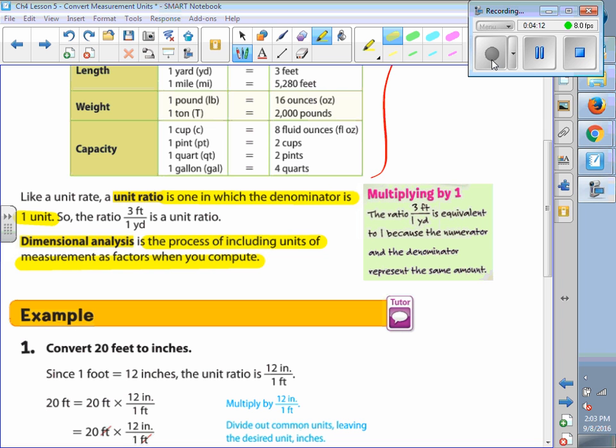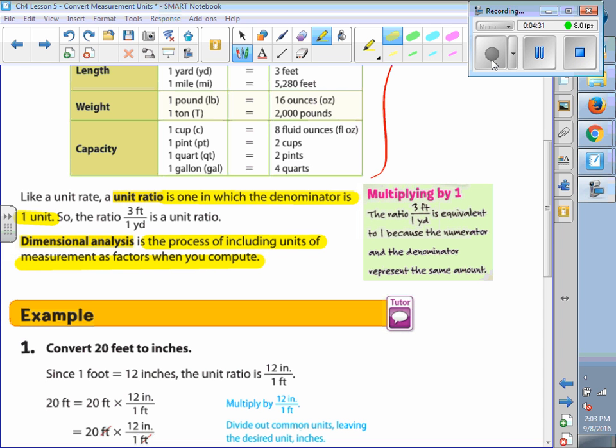So, for example, here I have a yardstick. This is 1 yard, right? There are 3 feet in 1 yard, right? So, 3 feet over 1 yard.